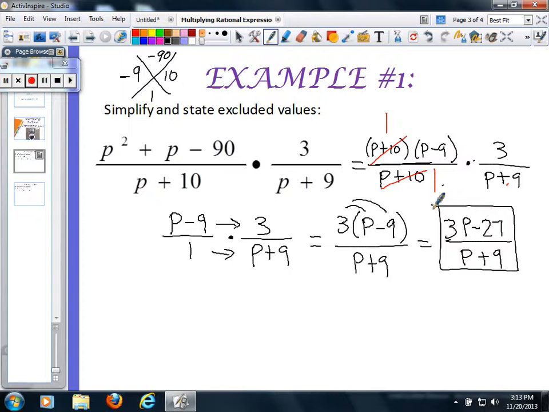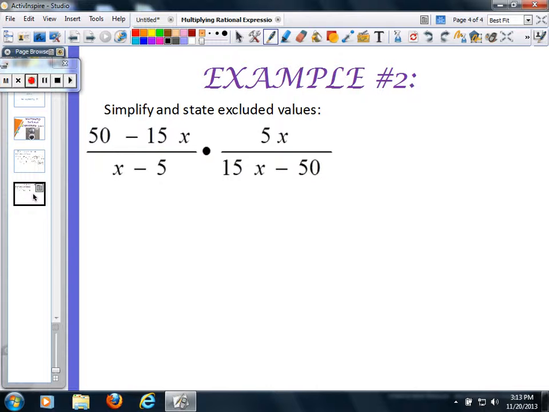Okay? So now we're going to look at example number 2. And again, let's go ahead and see if we can factor anything. And then once you factor, let's see if we can cancel anything. So if I take 50 here and 15, I know I can factor out a 5 at least.